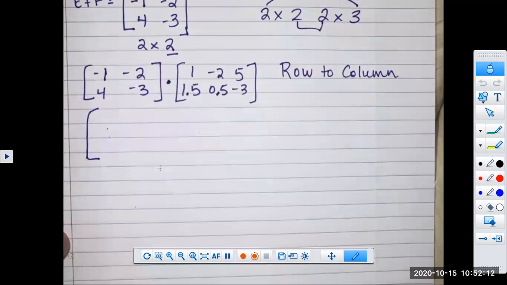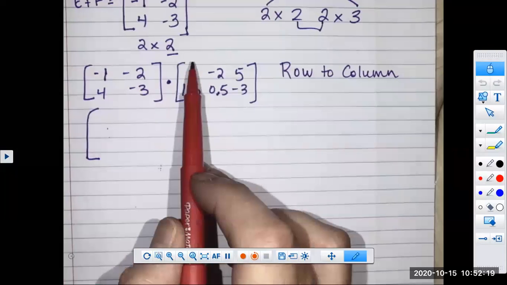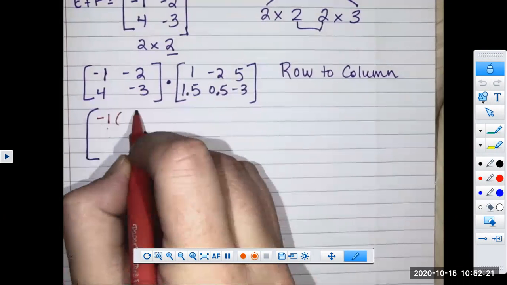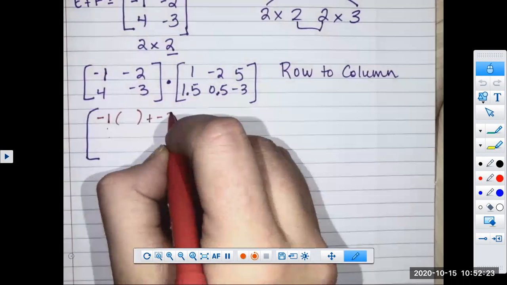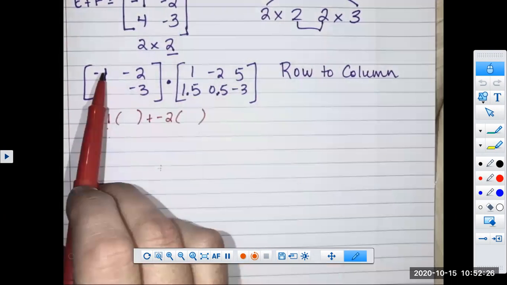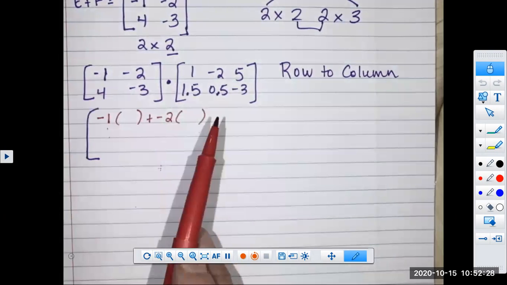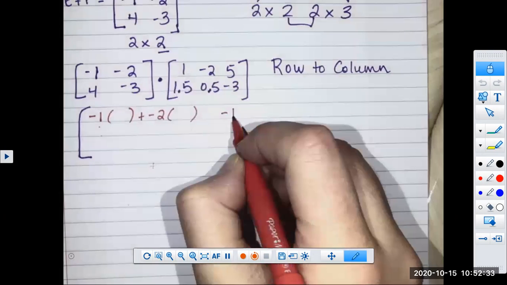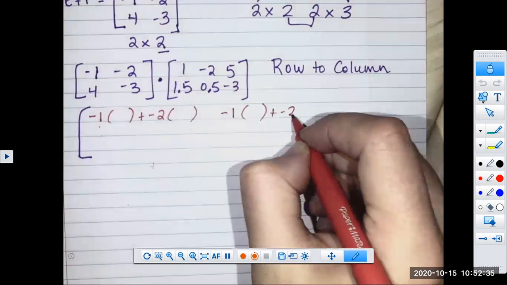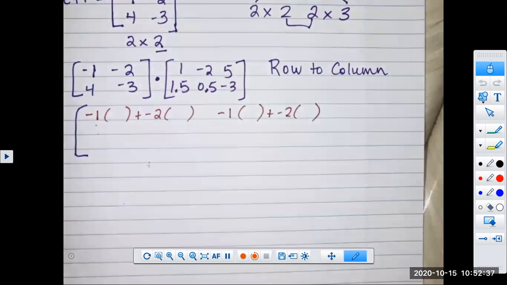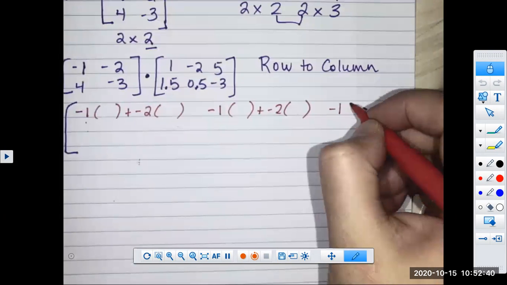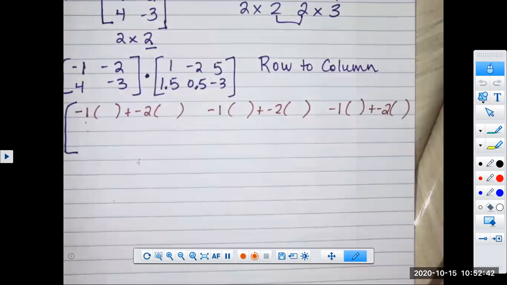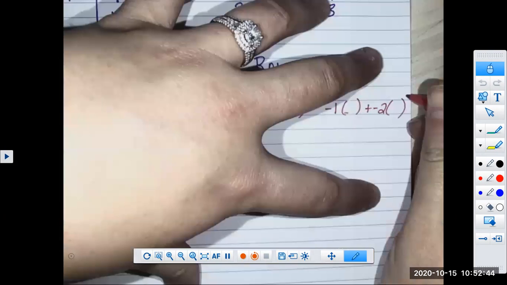Okay, this is what I do that always helps me. I've got this row and I've got 3 columns. So I'm going to write that row of numbers, -1 times something plus -2 times something. Since I have 3 columns, I'm going to write that 3 times. Or you could, of course, write -1 times something and then -2.